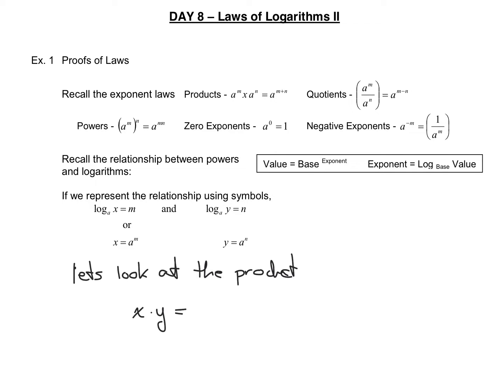But in the other form, I would have a to the m times a to the n. And my exponent laws tell me I can add those together, so that xy is equal to a to the m plus n.